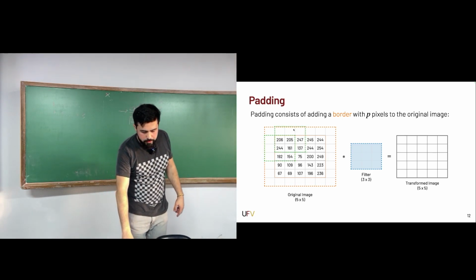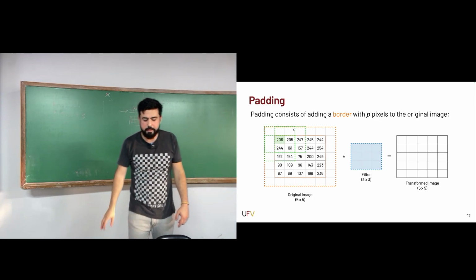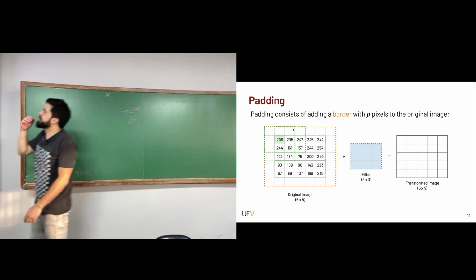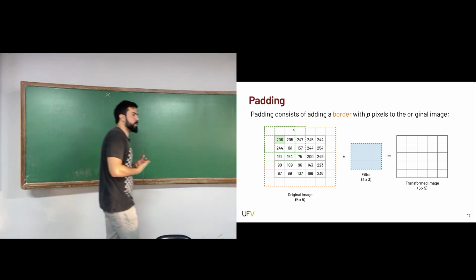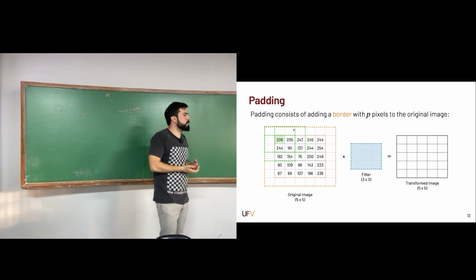Oh, sorry, this was meant to be done later. But as you can see now, if we add this extra border to the image, then that corner pixel starts to be more frequent in my convolution operations, right?